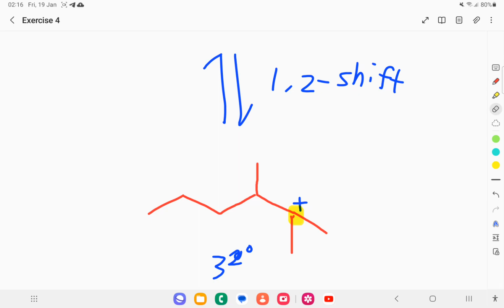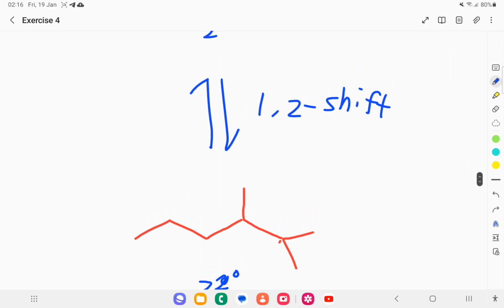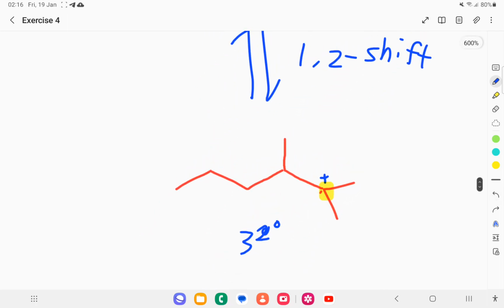So we will get it like this. It is a tertiary carbocation: 1 carbon, 2 carbon, 3 neighboring carbons, which means it is a tertiary carbocation, which is more stable.